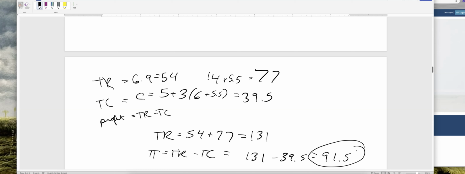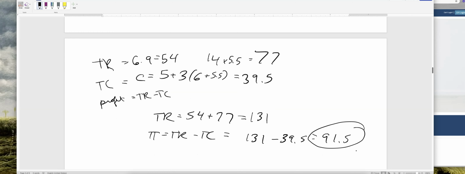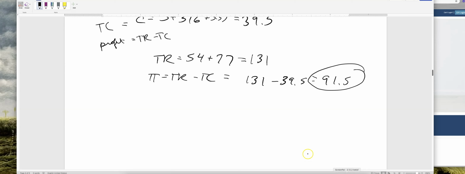Well, what that would mean for us then is that in terms of the demand, right, we're just going to add up our individual demand functions. So what are we going to have here?